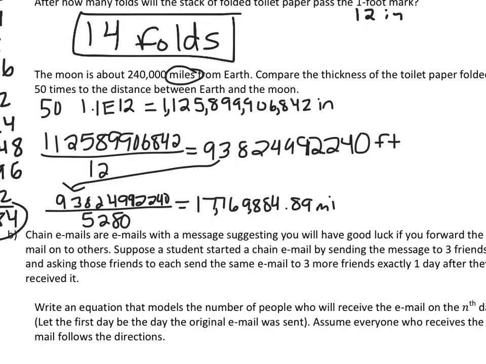Now, could you physically fold a piece of toilet paper that much? Probably not. Okay, the toilet paper is only so big. But that's crazy. The distance from the moon to the Earth is 240,000 miles. This far exceeds that. Let's see how much it exceeds it by.